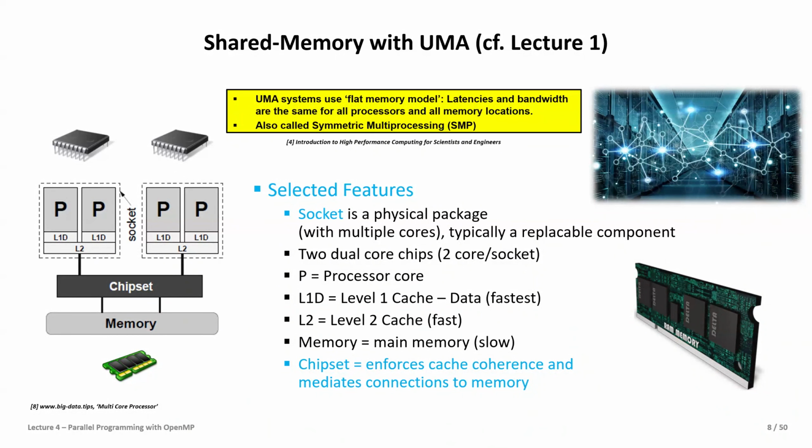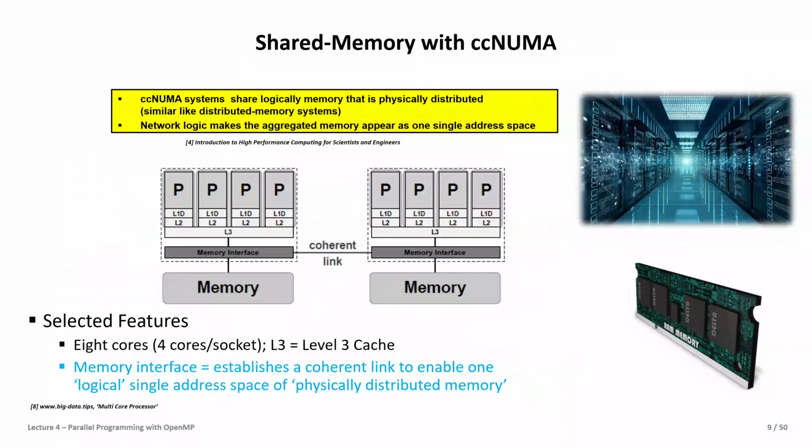Hence, in other words, we really need an extension of this. And you see that a little bit here with the extension of CC-NUMA systems, where the network logic, as we said already, has this cache coherent link where we have different distributed memory systems, but they are designed with this cache coherent link, like a CC-NUMA system. This means it is not really visible to us as programmers that there are different memory spaces.